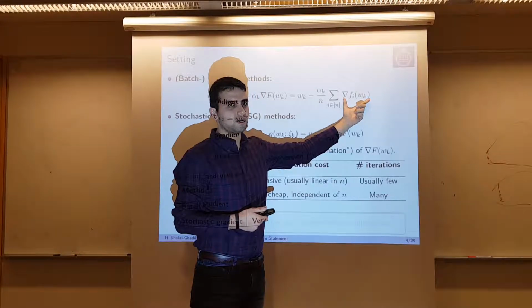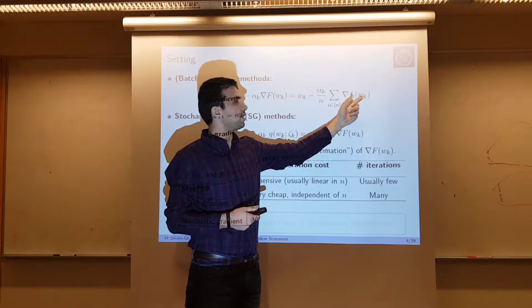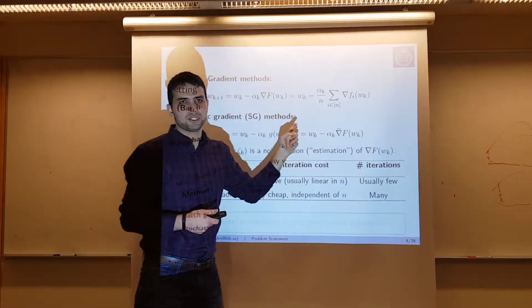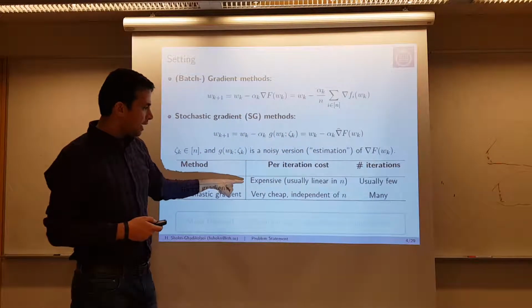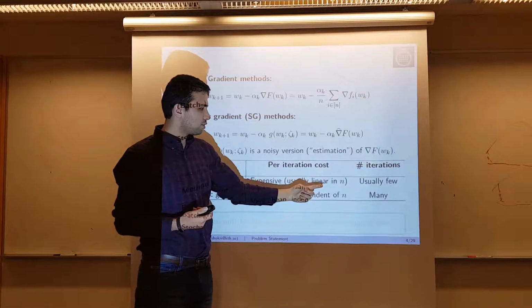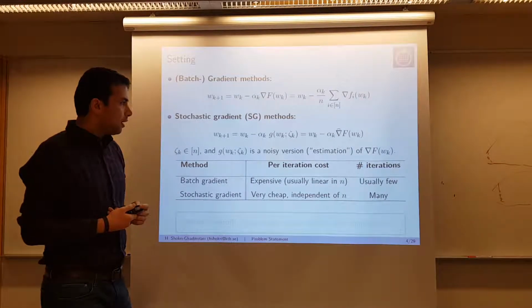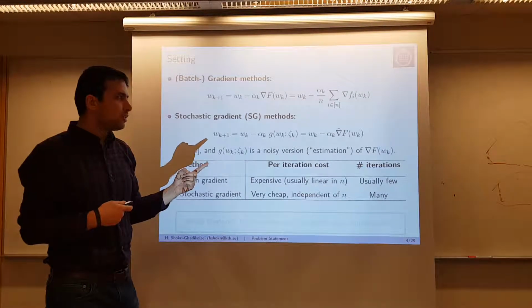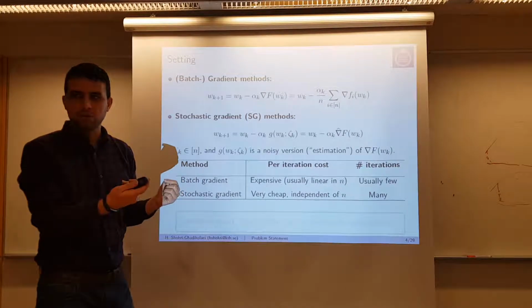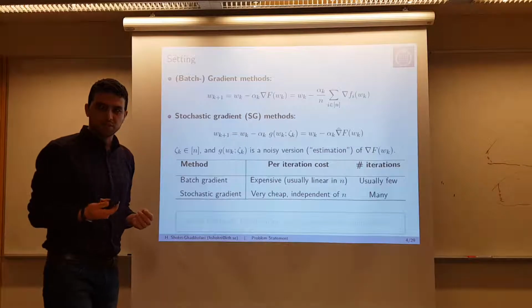But if you assume that n is large, then you need lots of these computations and then taking these expectations, okay? So usually you have expensive per iteration costs that will at least linearly scale with n. But then you need only a few of these iterations usually. Well, few with respect to the stochastic gradient.